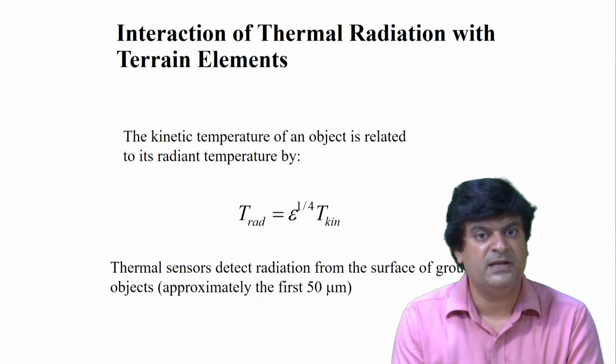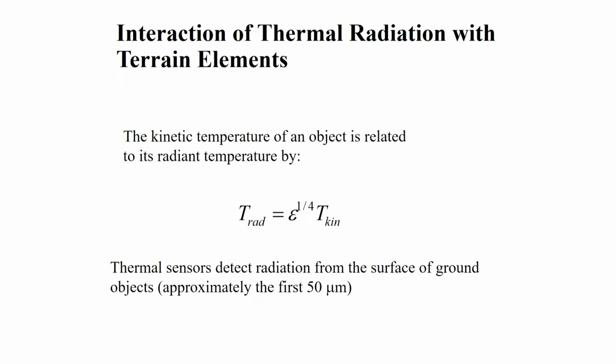Here there is a relation. The radiant temperature will be equal to the 4th root of the surface emissivity multiplied by the kinetic temperature. This radiant temperature can be measured by the radiometer or the thermal sensor. Thermal sensors measure the radiated or emitted energy.